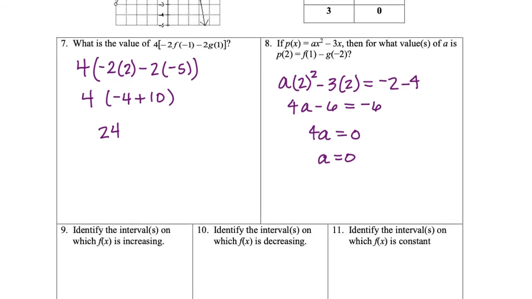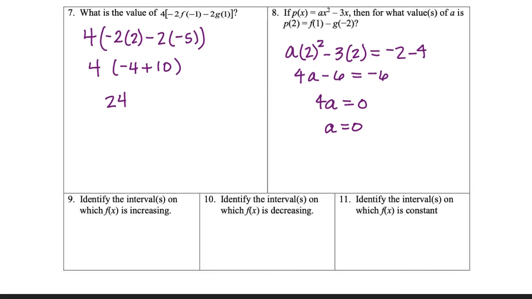Okay, and now looking at the intervals in which f of x is increasing, those intervals are going to be negative 5 to negative 2 union 1 to 2. And then the intervals in which f of x is decreasing, negative 2 to 1 union 2 to infinity.